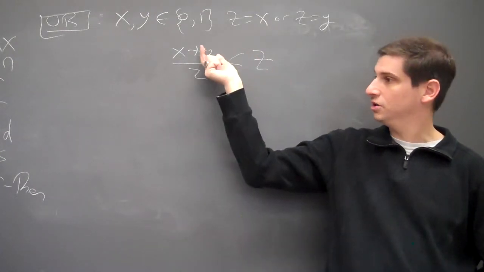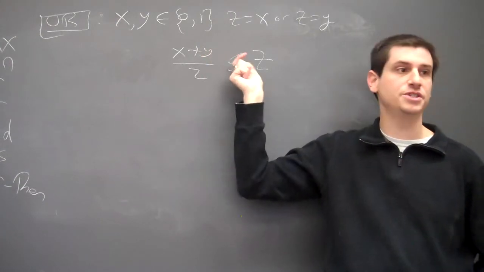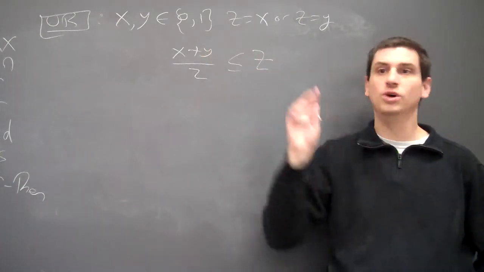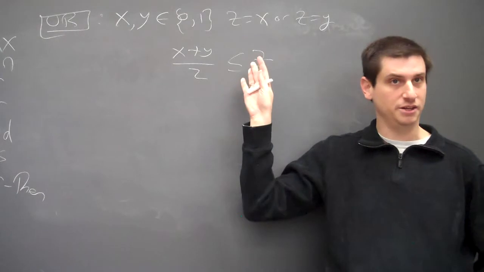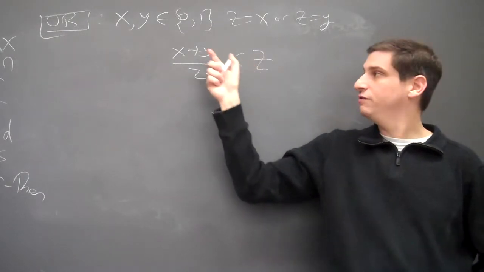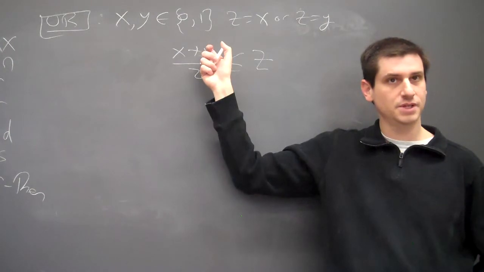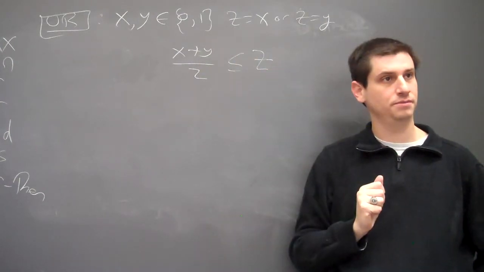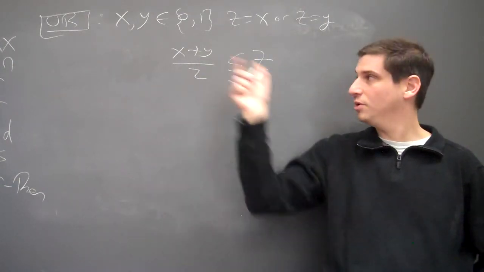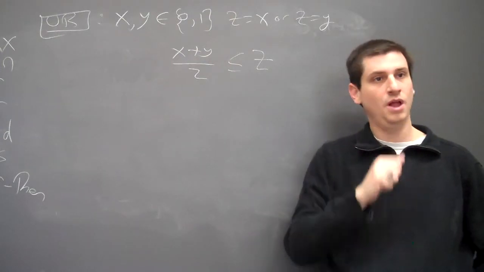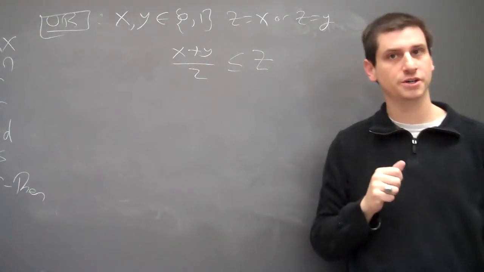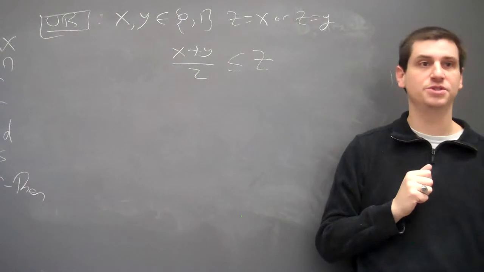When they're both 0, then you get 0 is less than or equal to z, but it's still valid. If one of them is 0 and one of them is 1, then that forces z to be 1, which is fine. If they're both 1, it forces z to be 1. So this would work, except for the case when they're both 0.